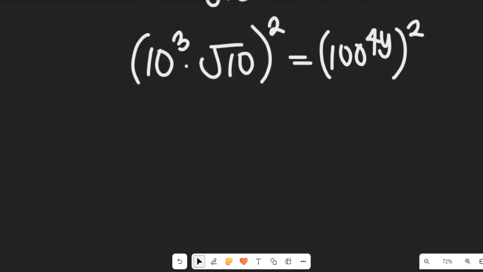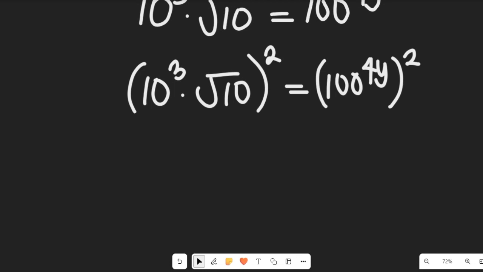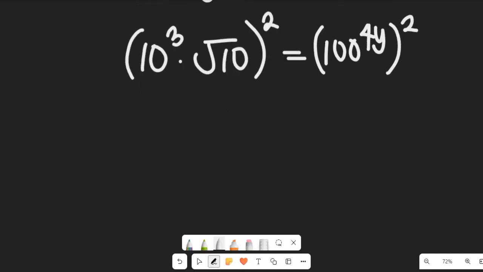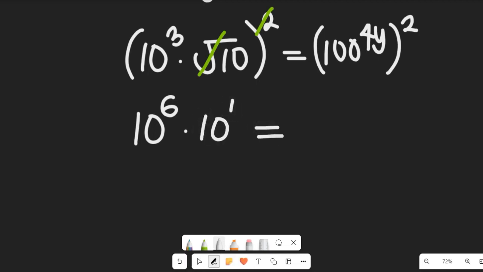We multiply this power, and that will give us 10 to the power of 6 multiplied by, from this will clear this, and then we'll be left with 10, which is 10 to the power of 1, and this will be equal to 100 to the power of 8y.